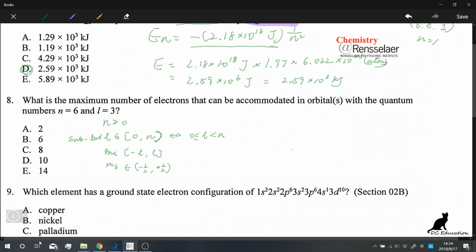So this shows the sub level, and this number over here shows the main level. It shows which grand orbital it's in, and this shows which sub level the electron lives in.